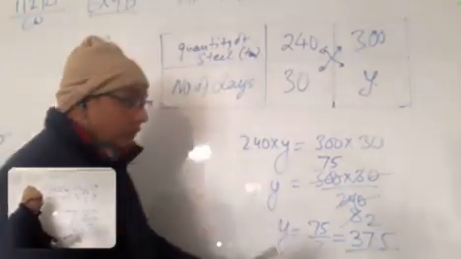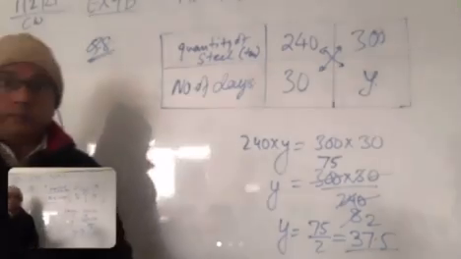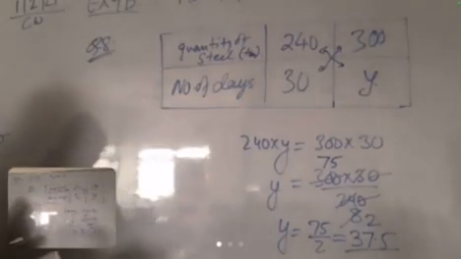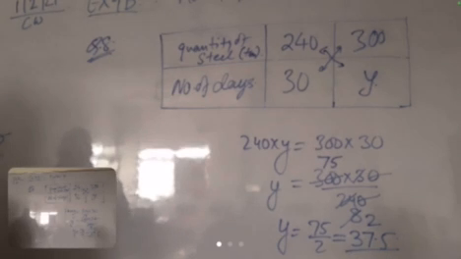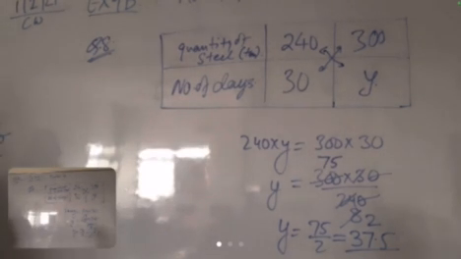37.5 days. What is the answer now? Please check. 36 days. 240 into 30 upon 300.